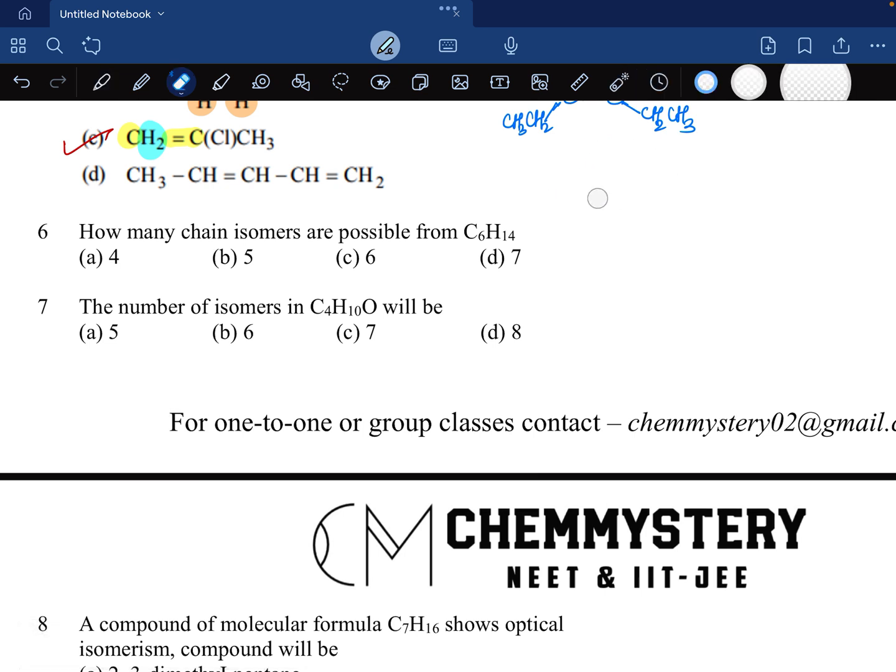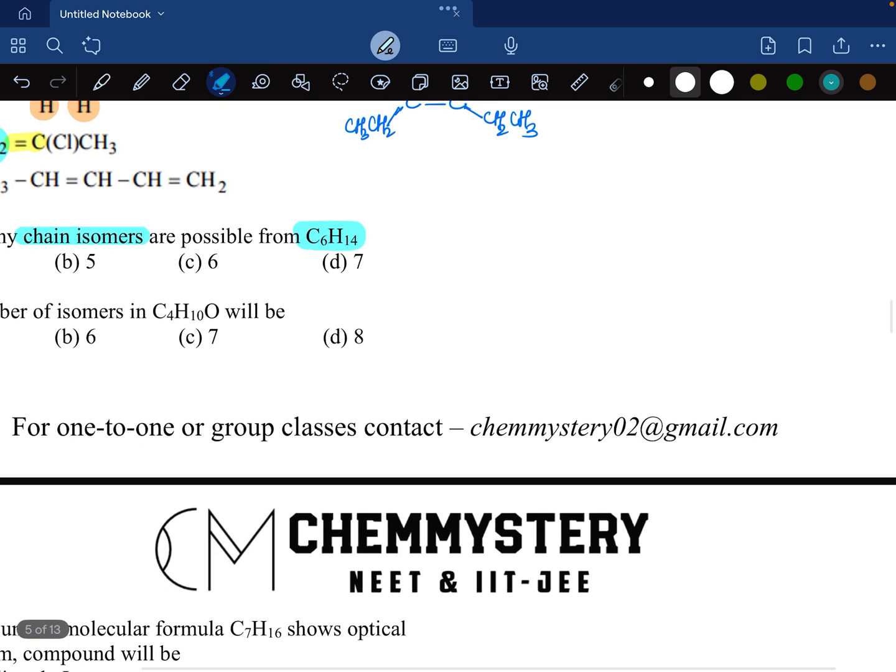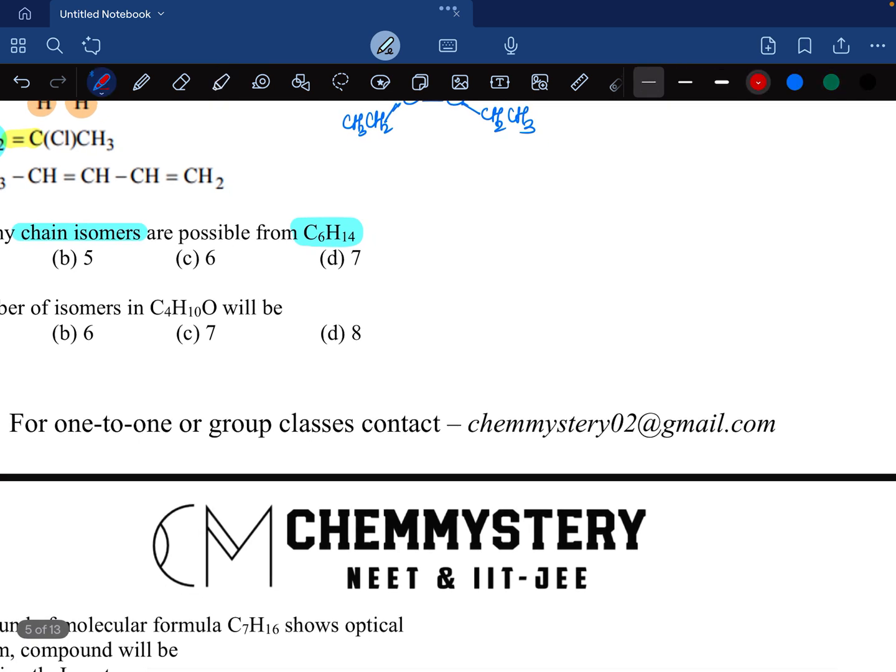Done. Next one. How many chain isomers are possible for C6H14? We only have to see the chain isomers. This is of type CnH2n+2, that is alkane, all single bonds.